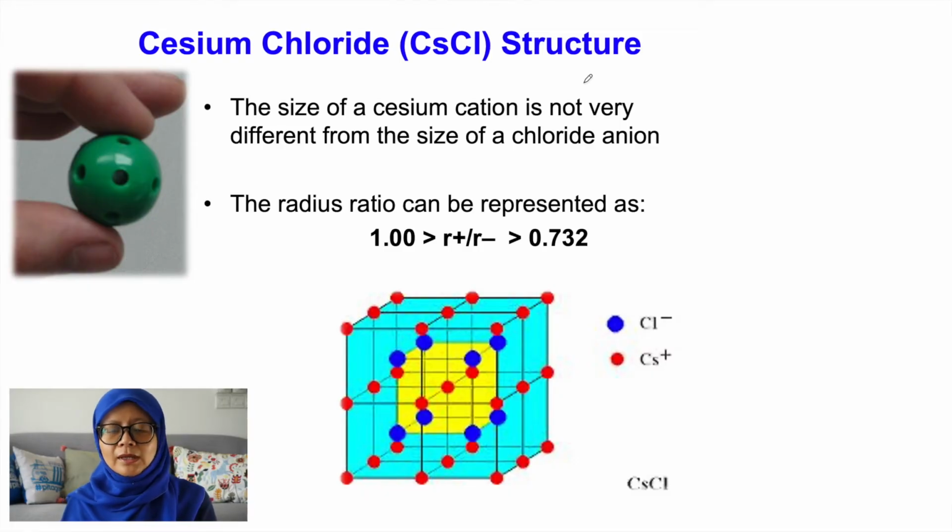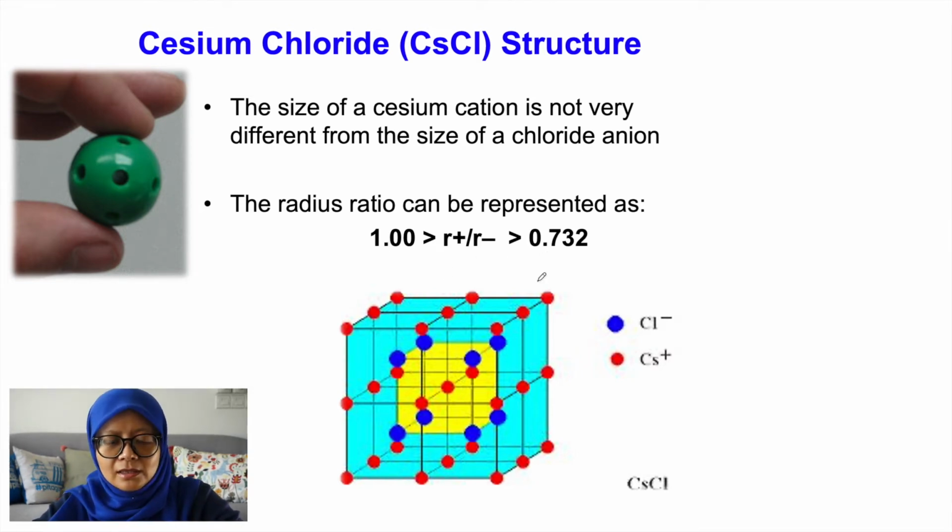For cesium chloride, the size of the cesium cation and the size of the chloride ions are almost the same. So the radius ratio of the cation and anion can be represented as between 0.732 and 1.